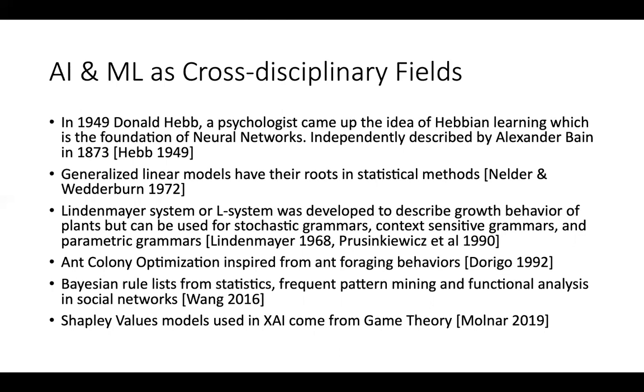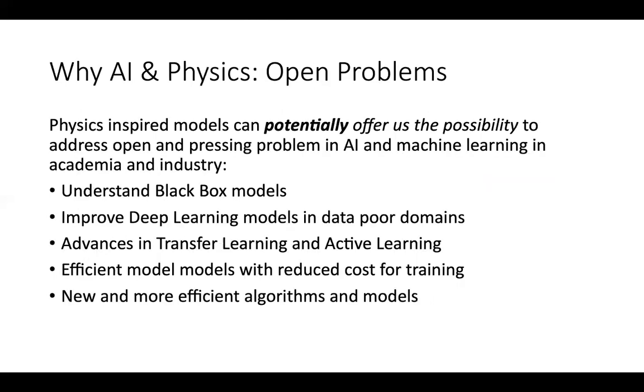More recent techniques like Bayesian rule lists have their roots in statistics, frequent pattern mining, and even functional analysis in social networks. Within the domain of explainable AI, we have the SHAP framework, which uses Shapley values, and that actually comes from developments in game theory from the 1950s.